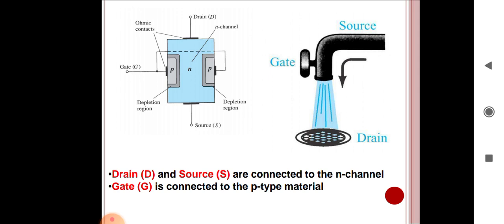Whenever we use these active components with P type and N type semiconductor, what is our aim? To reduce that depletion layer, and only when the depletion layer is reduced will current flow through the device. This is the natural process that happens whenever we connect P type and N type semiconductor together.